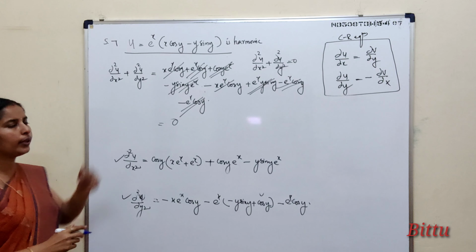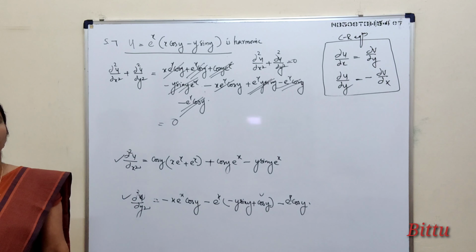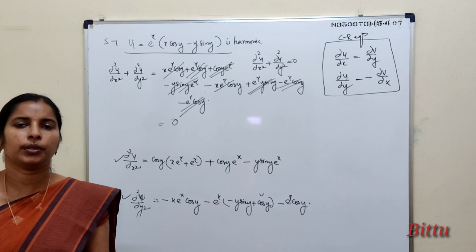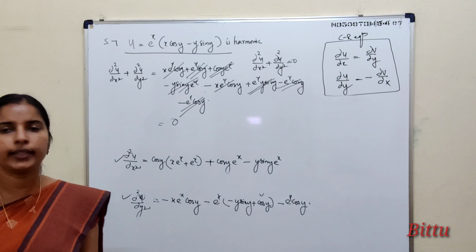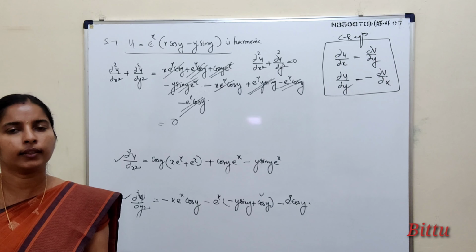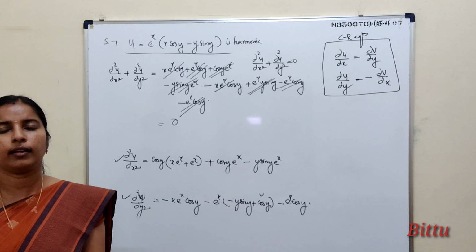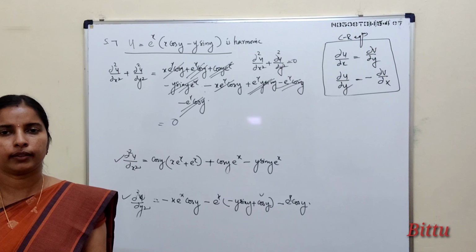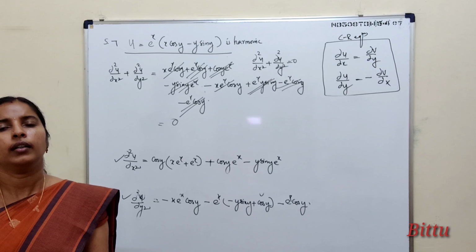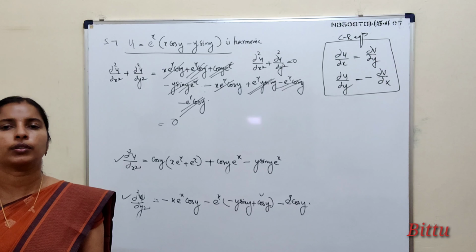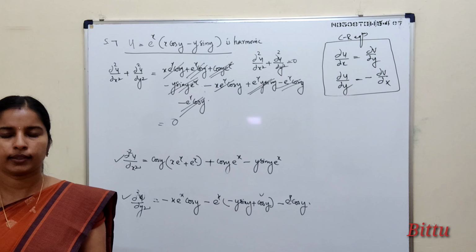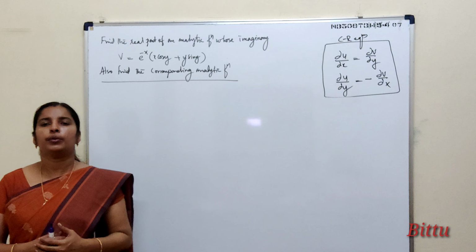So we have ∂²u/∂x² plus ∂²u/∂y² equal to 0. So u is harmonic. Also notice that all the four partial derivatives are continuous. Hence we can say u is harmonic. In problems you establish ∂²u/∂x² plus ∂²u/∂y² equal to 0. That's enough. Let me answer one more university question.